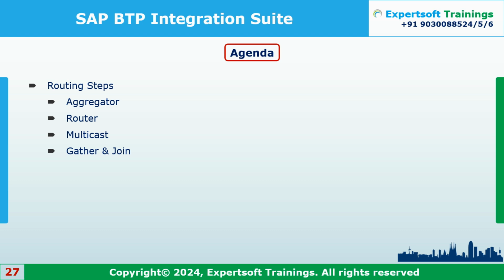Event mesh is also our integration capability. But if some transformation is required, you can bring that event to cloud integration, call the data from SAP, do the transformation and send. In that case, Azure PaaS and TIBCO are not required.